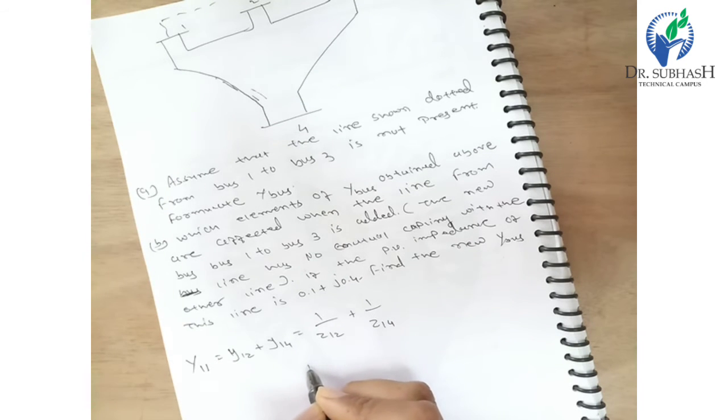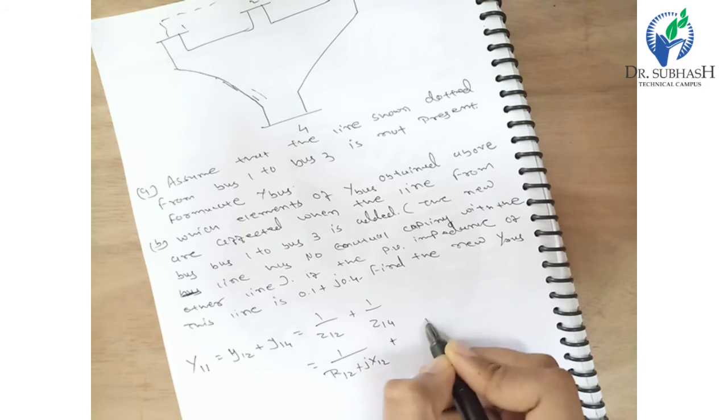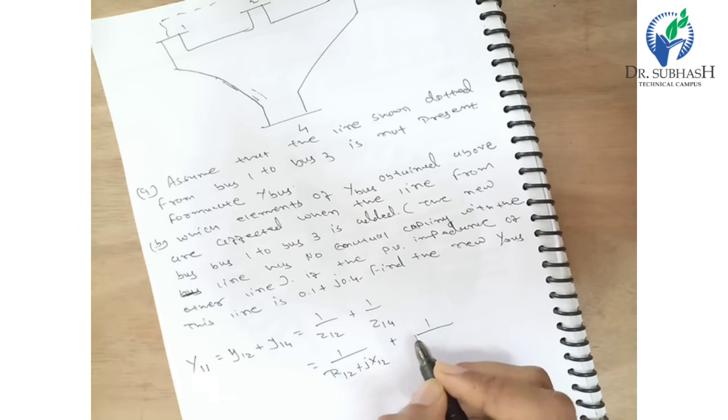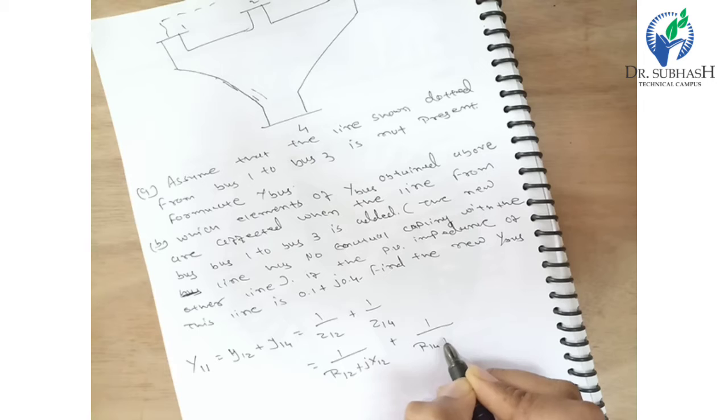Similarly, 1/Z12 is given as 1/(R12 + jX12), and 1/Z14 is equal to 1/(R14 + jX14).